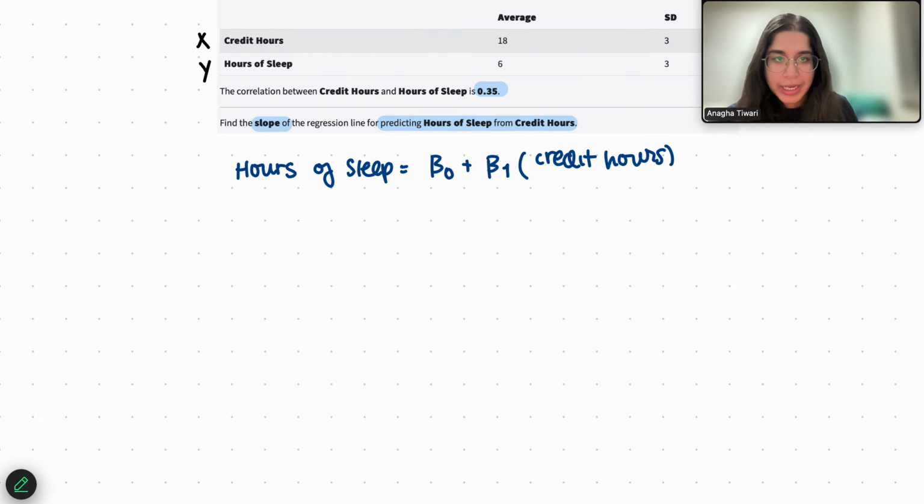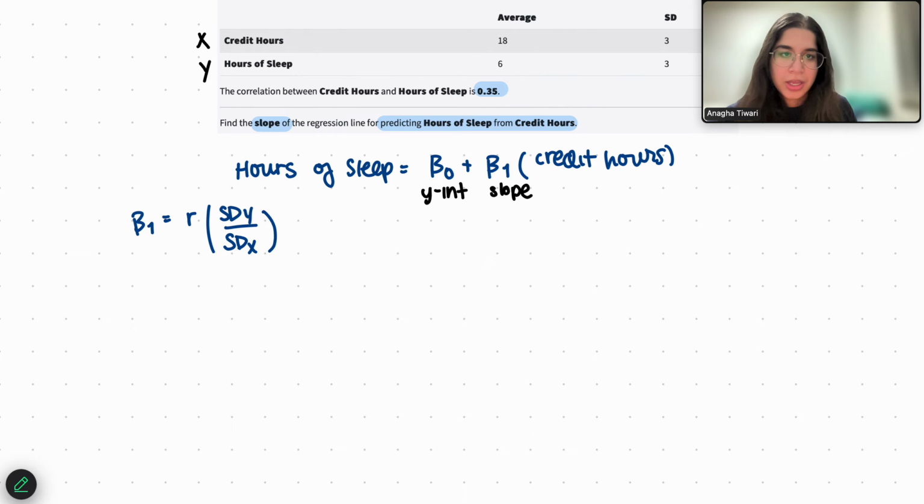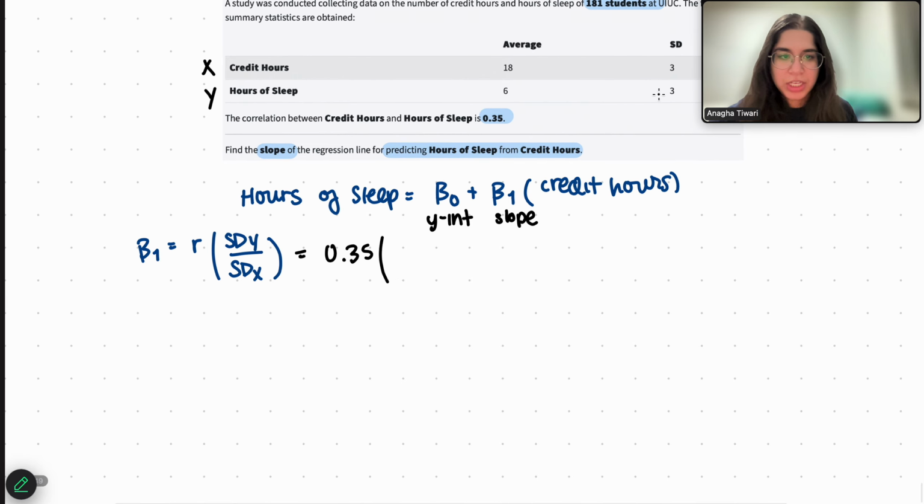And I want to go ahead and solve for my beta 0, which is my y-intercept, and beta 1, which is my slope. So let's go ahead and solve for the slope first. Beta 1 is, the formula for finding that is my correlation coefficient times my standard deviation of y divided by my standard deviation of x, which is all given here. So it's going to be 0.35 times my standard deviation of y, which is 3, and so is my standard deviation of my x variable, so I think we just got lucky there.